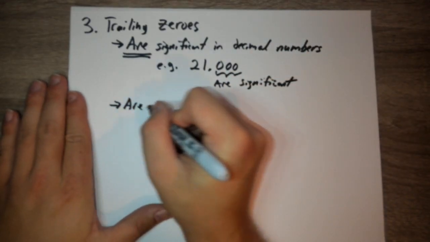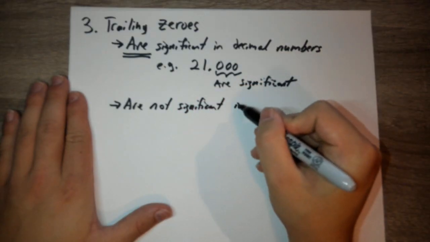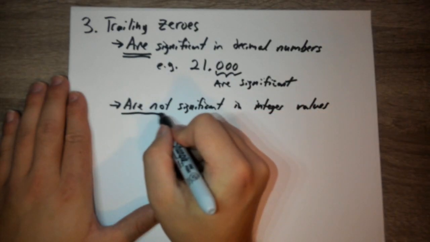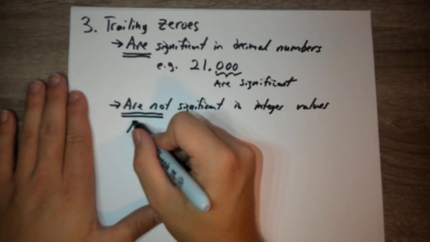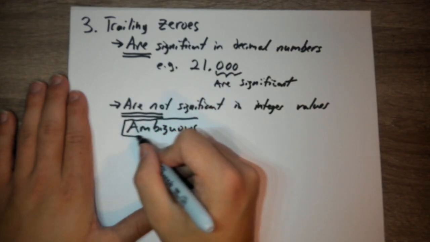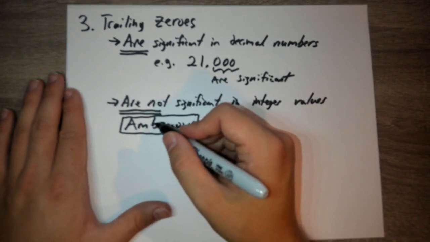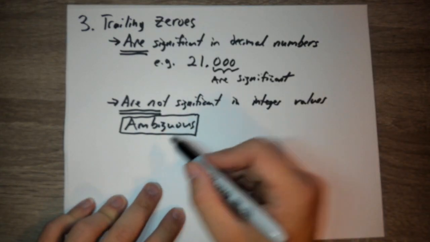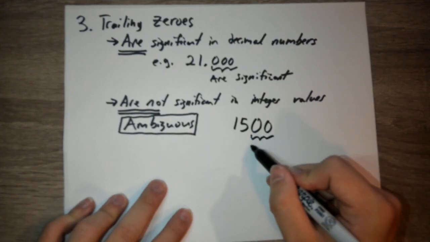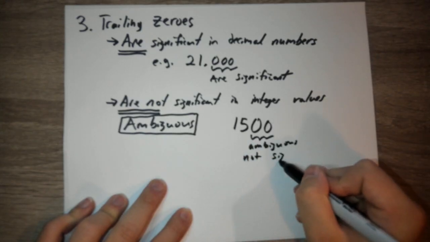But they are not significant in integer values. In fact, it's a little more complicated than that. They are ambiguous. So we don't know whether they're significant. And for the most part, we just say they're not. We assume they're not. So example, if you have 1,500, these are ambiguous, and it's safe to just assume not significant.